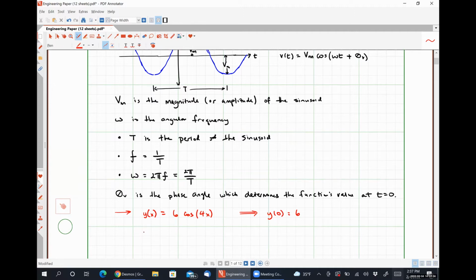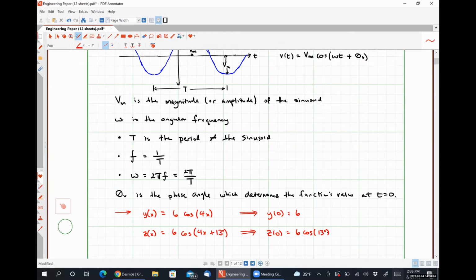Now, if we had z of x is equal to 6 cosine 4x plus 13 degrees, z at 0 is simply 6 cosine 13 degrees.